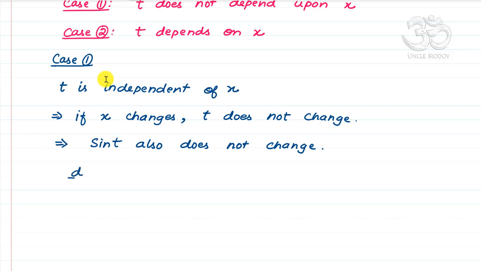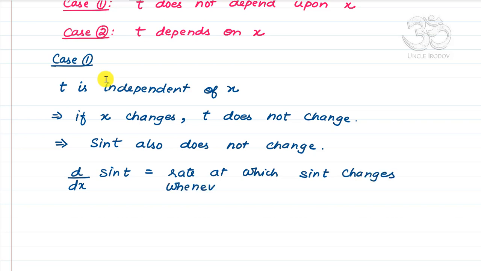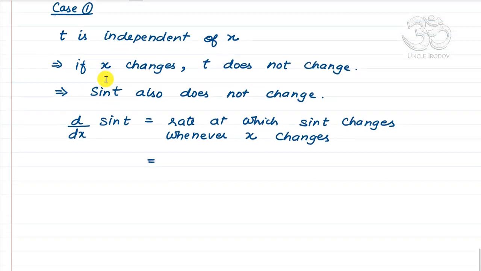So d by dx of sine t tries to measure the rate at which sine t changes whenever x changes. What should it be?